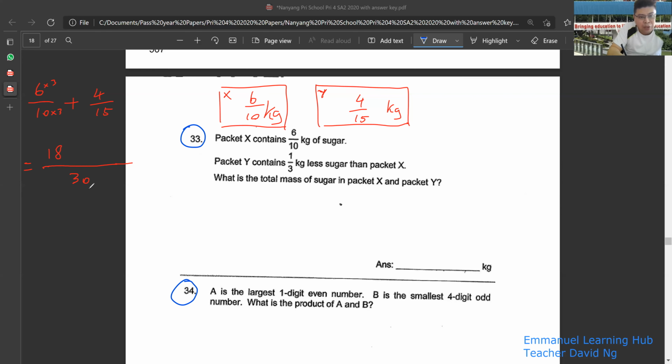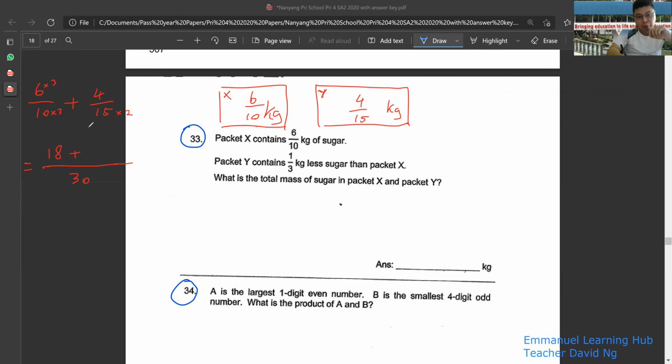How did 15 become 30? I multiply by 2. 15 times 2 is 30. Do you understand why 15 times 2 is 30? 15 plus 15.